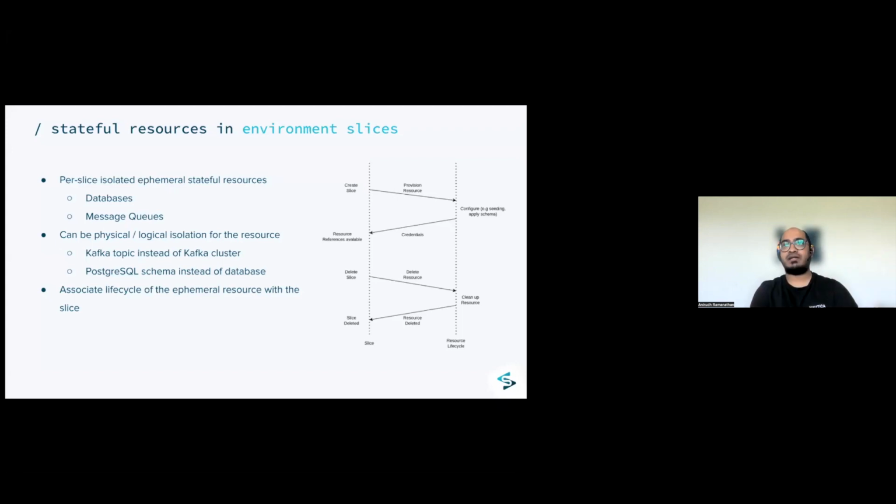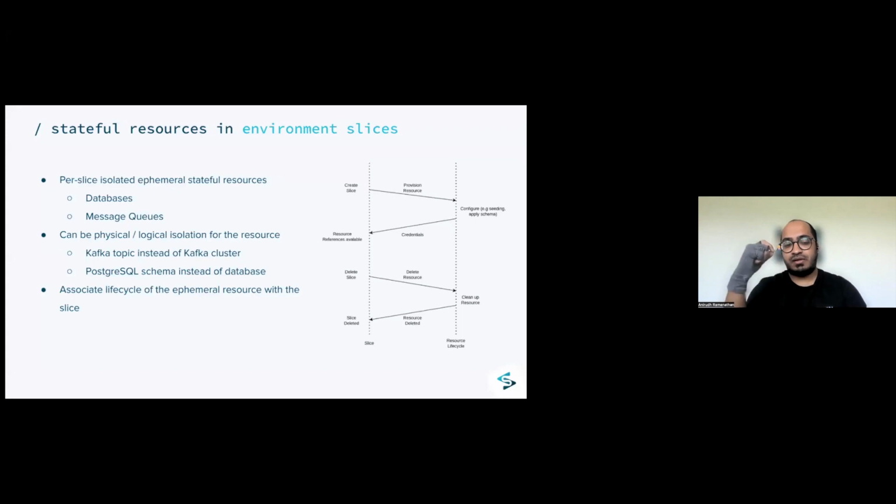Take an environment slice with one of the Kubernetes workloads inside of it. You can also deploy something else into that same slice, like a database that has been seeded with some data, or a message queue that it needs to talk to. The key consideration here is you want to tie it to the lifecycle so that when the slice goes away, the resource also gets cleaned up.